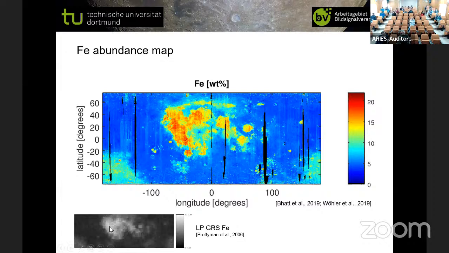And if you use that as the target variable, we obtain such a global iron map when applying the learned regression function on the reflectance data and the inferred spectral parameters.